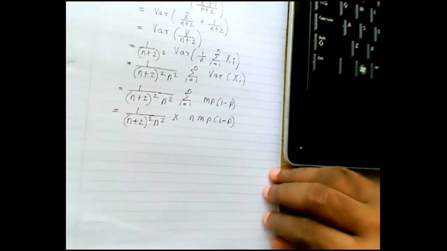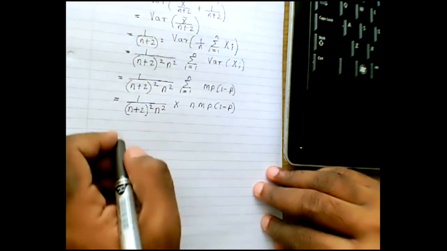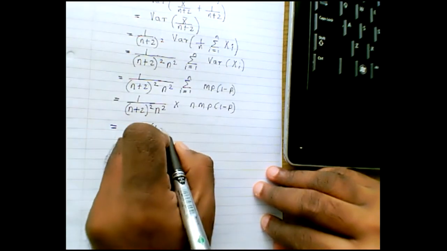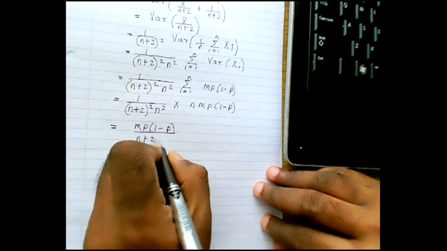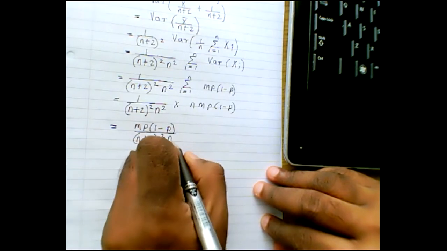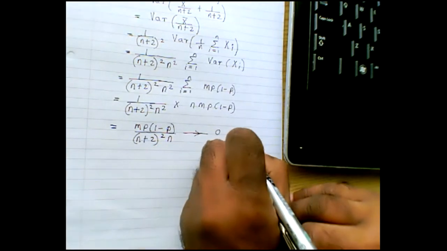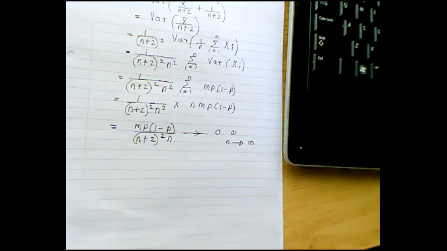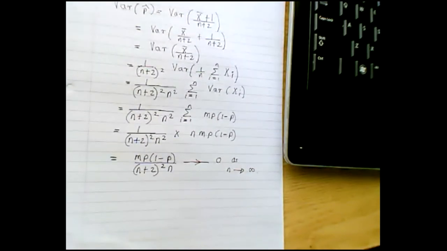Now this n cancels with one of these. So what you get is, and as n approaches infinity, this goes to 0. All right. Okay, so that's the answer to part 2 of question 10.